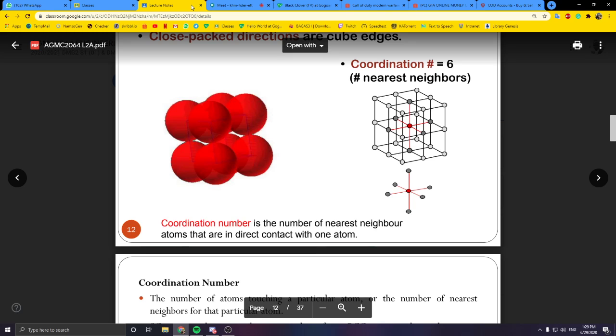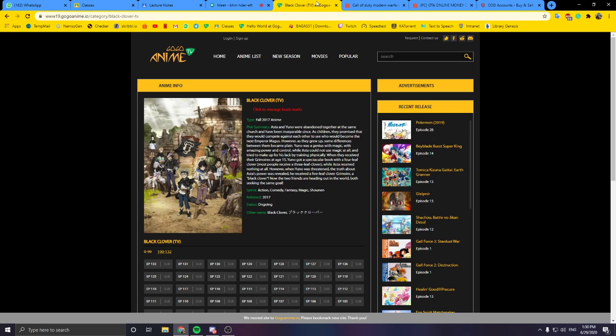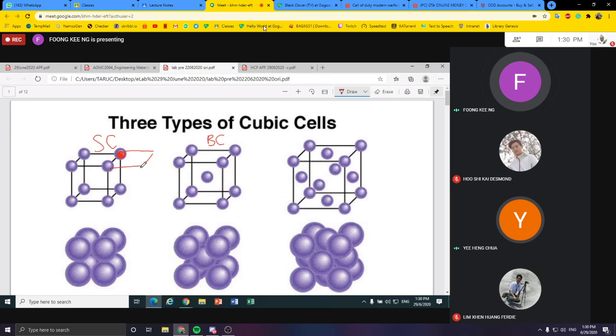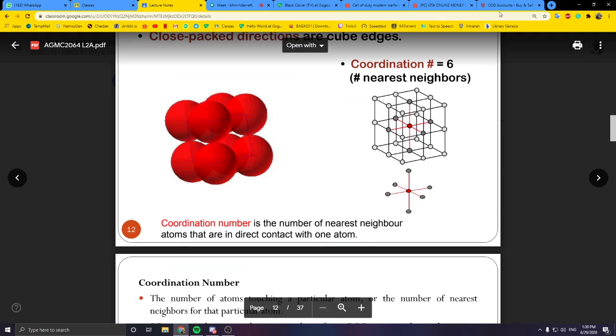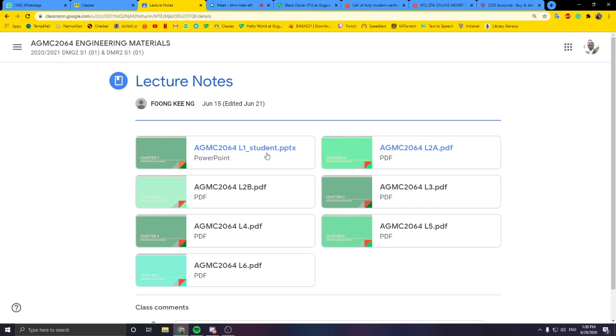If you choose the corner atom for simple cubic, there's no other choice except for the corner atoms. In the simple cubic, there are 8 corners, and at every single corner there's one atom, correct? So what you can see from here, there will be another unit cell at the adjacent side. There's one more here at the top, and it goes on and on.